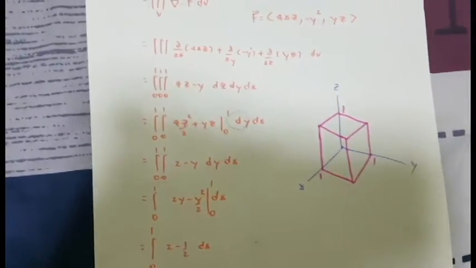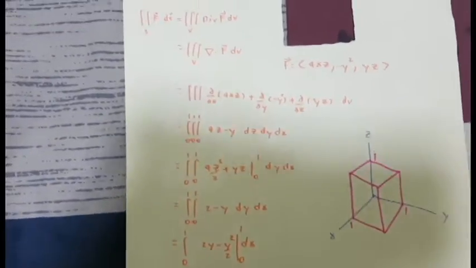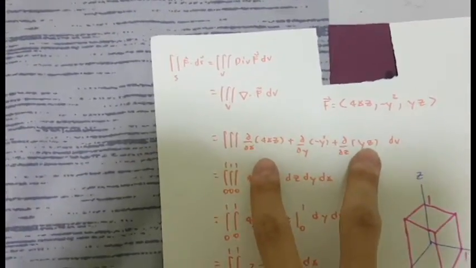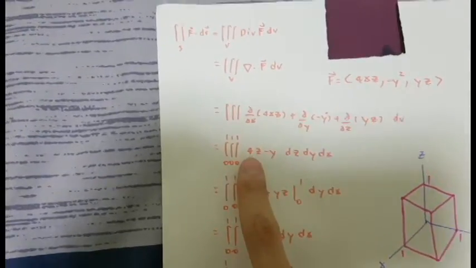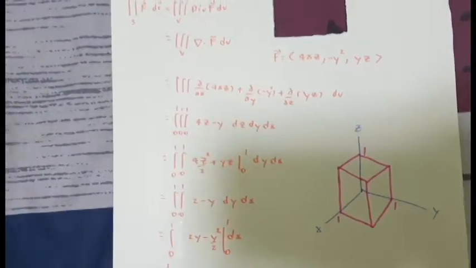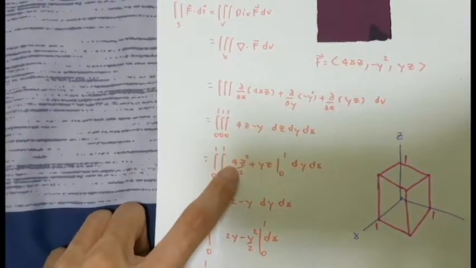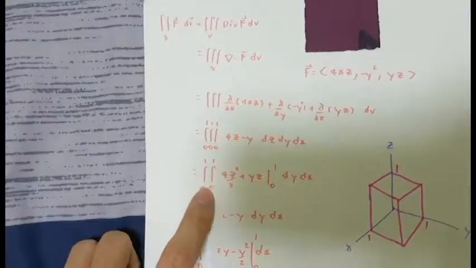Next we will calculate this equation. We will get 4z minus y, and integrate with respect to dz.